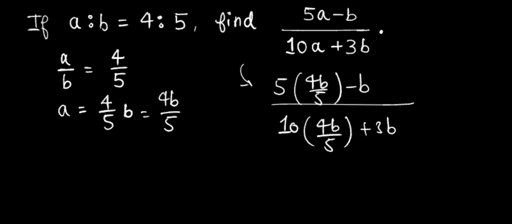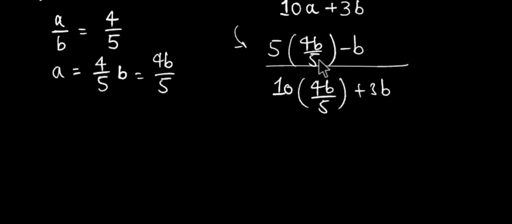Now simplify the given expression by calculating 5 multiplied by 4B by 5, so 5 cancels out with 5. Here 10 divided by 5 is 2, so 2 times 4 is 8.